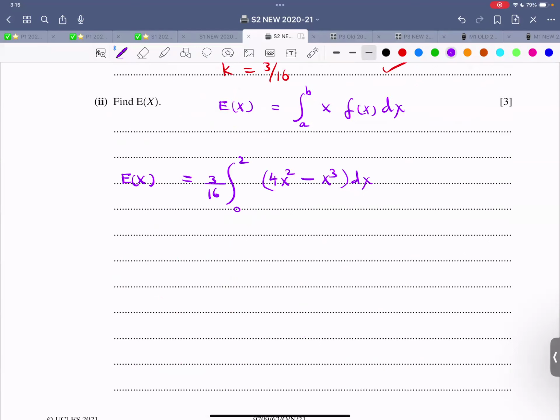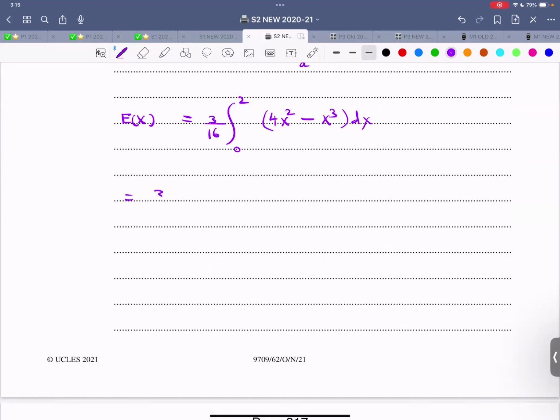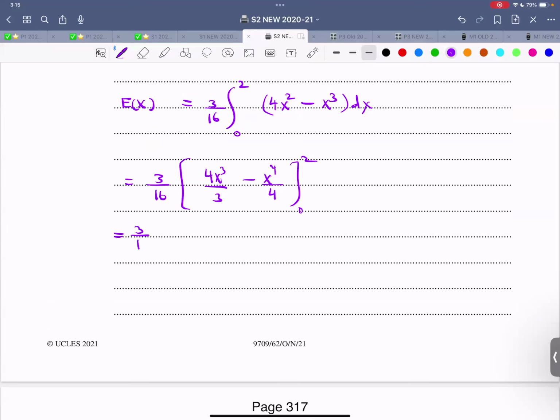Integrate: that is 4x cubed over 3 minus x to the power 4 over 4 between the limits 0 and 2. That is 3 over 16 times 4 over 3 times 2 cubed minus 2 to the power 4 over 4, minus 0 minus 0. The 0 is very, very helpful.